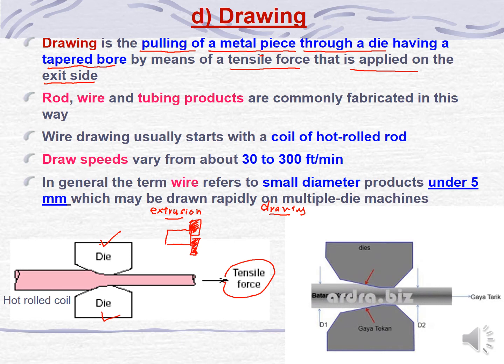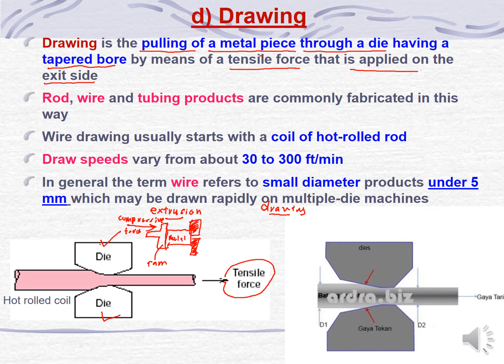For this extrusion, the compressive force is applied to the ram. This is the ram. Compressive force is applied to the ram, where you can see here the force is applied from the back of the metal.